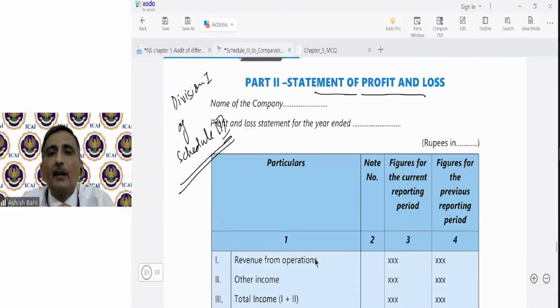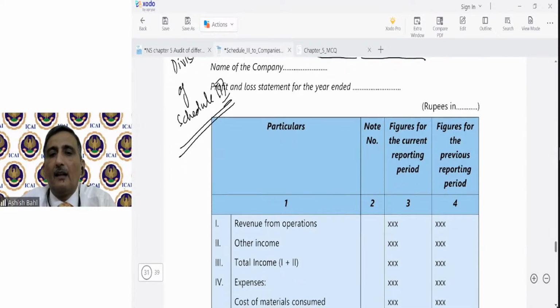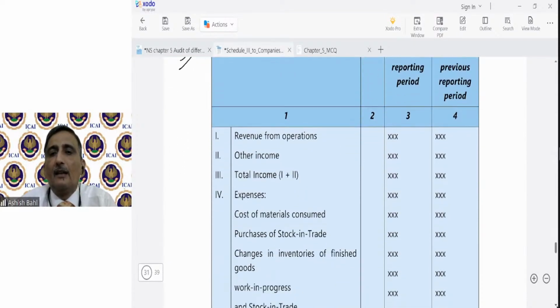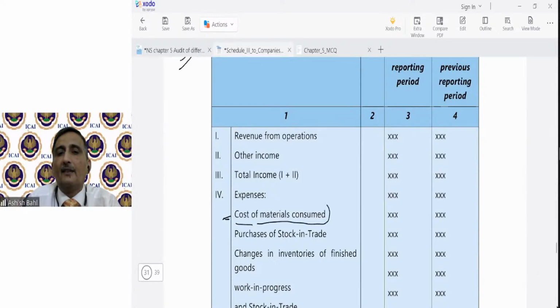Like I am showing you Schedule 3. So here you would see that in expenses, there is a separate line item, cost of material consumed.